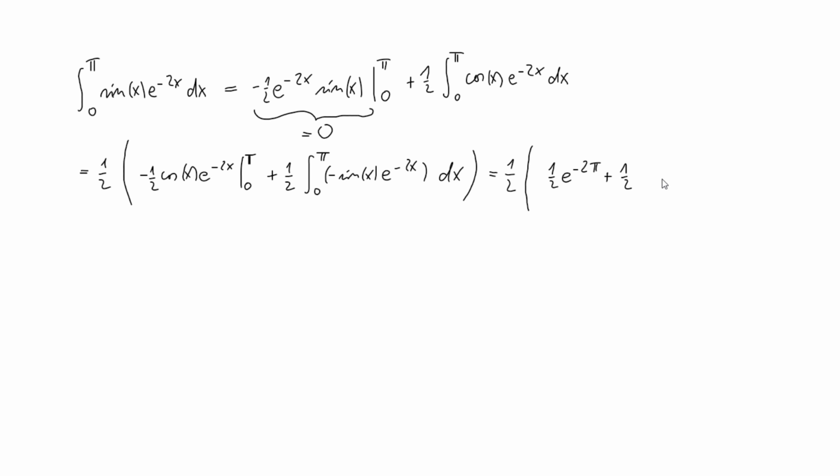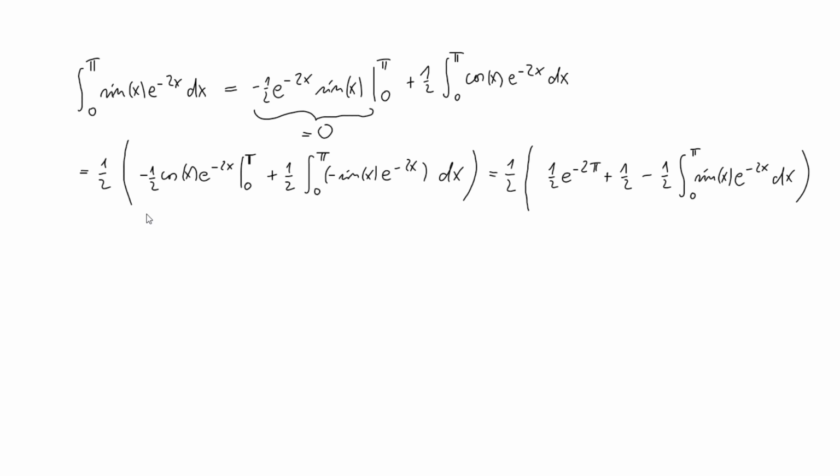And now plus 1/2 times the integral from 0 to pi over, we could actually write minus 1/2 times the integral from 0 to pi over sine of x times e to the minus 2 times x dx.